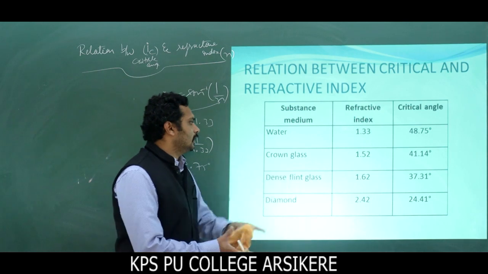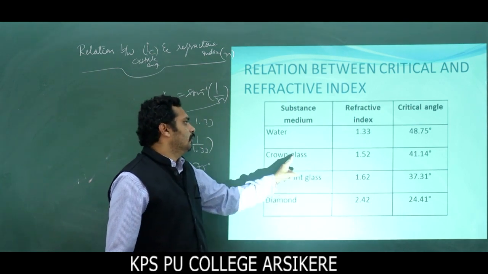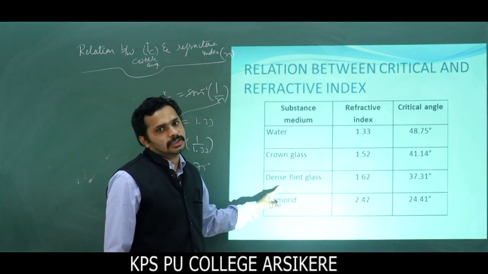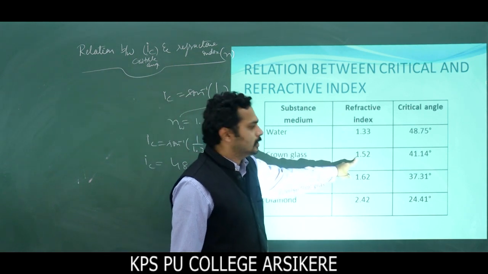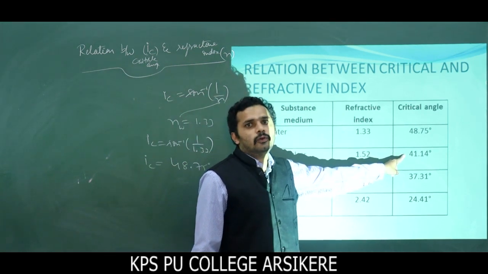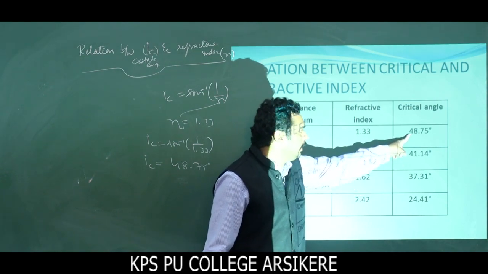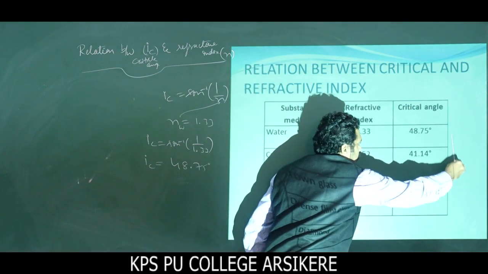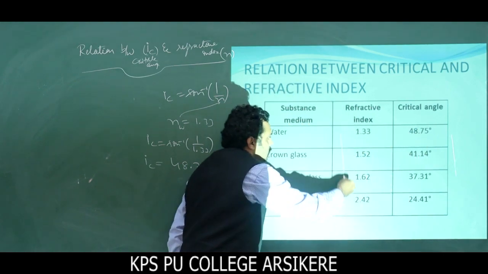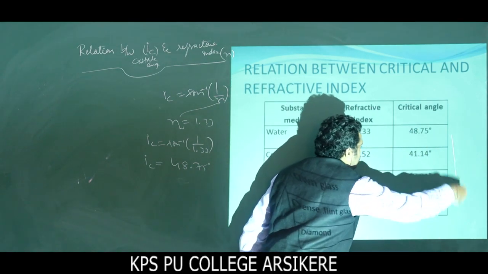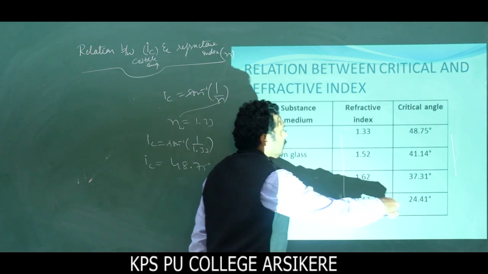Now similarly glass and diamond: crown glass and dense flint glass. For crown glass, the refractive index is 1.52 and the critical angle is 41.14 degrees. Look at here: if the refractive index increases, the critical angle decreases.